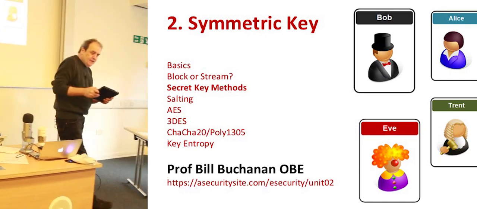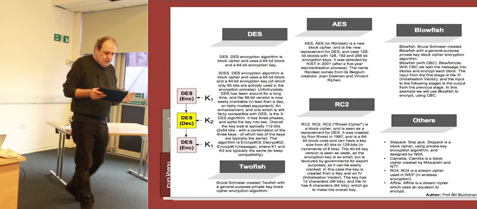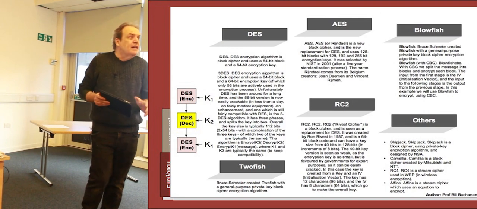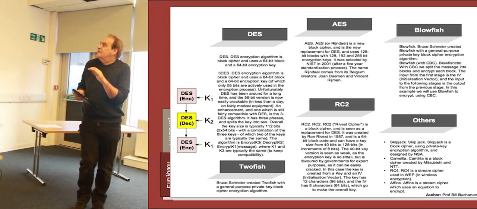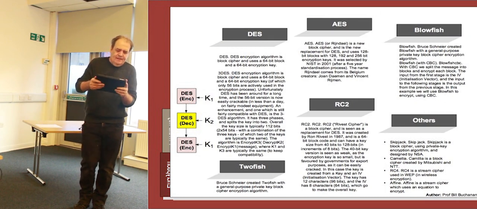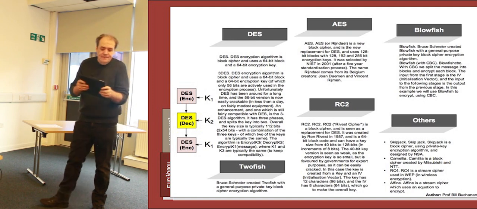So what are some of the methods that we can actually use? Well, one of the first, and it's still pretty much uncracked, is DES. DES, I think, was created in the 1950s and was a standard 56-bit key.